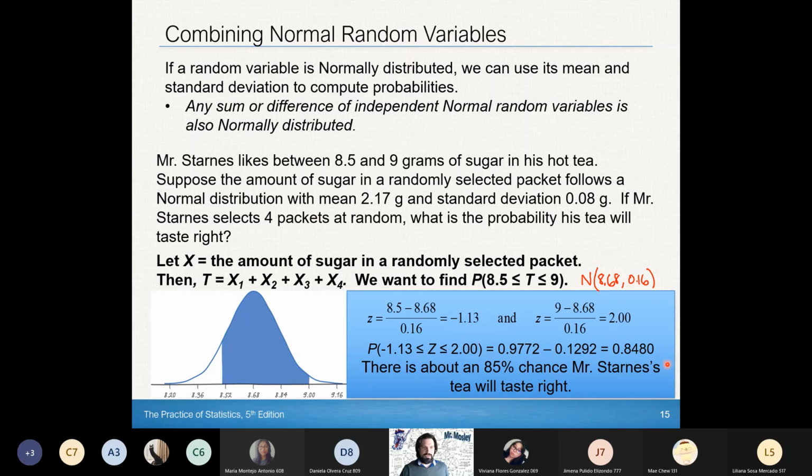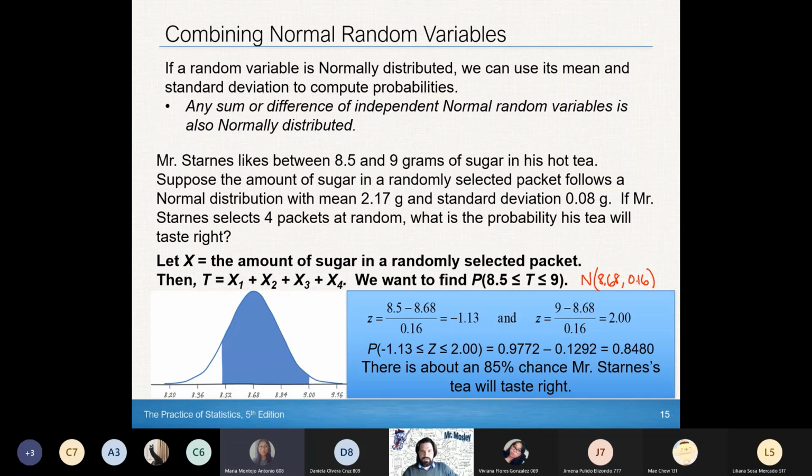Are there any questions on this example? For the 0.9772 minus 0.1292, you got those answers by looking at the table, correct? By looking at table A, yeah.